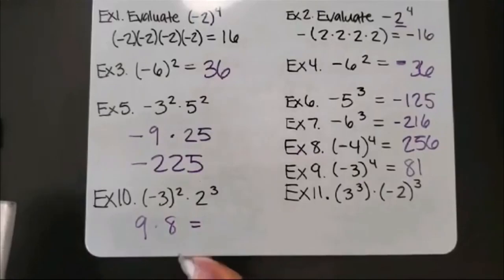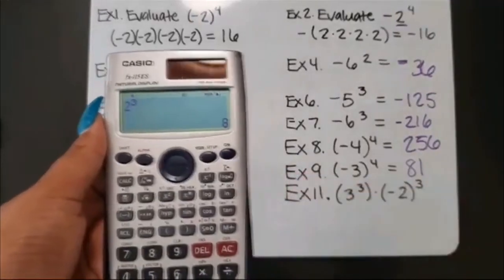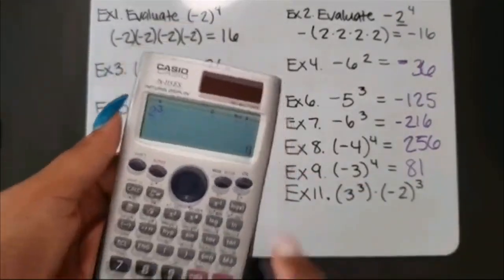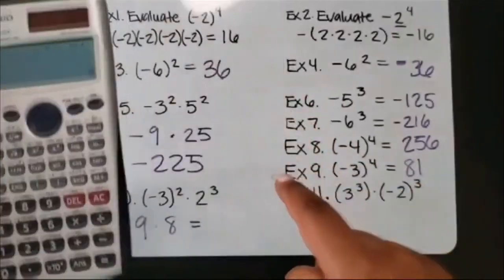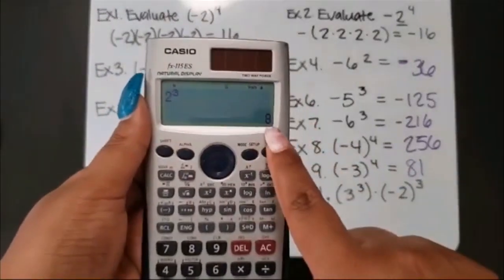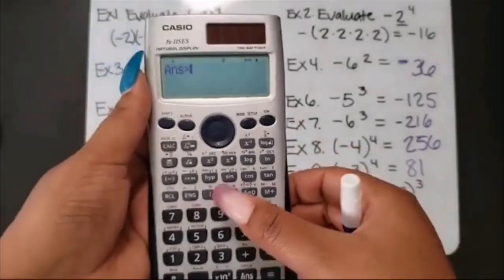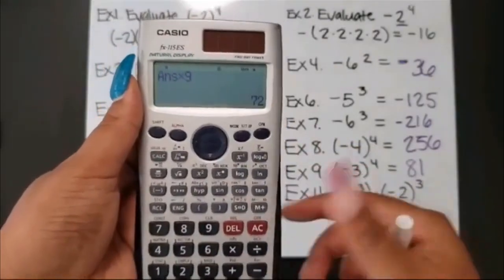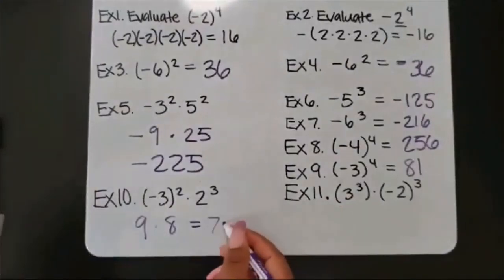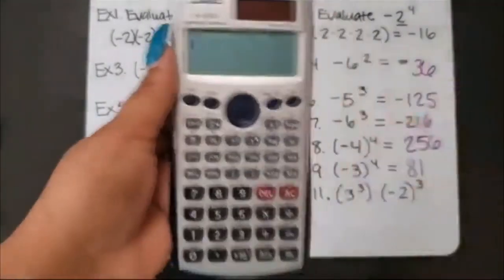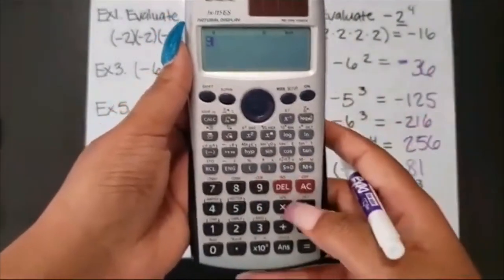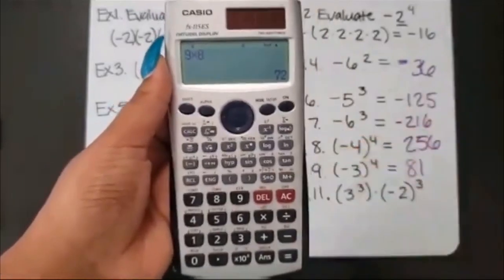So our answer will be, and one thing about calculators, it keeps your answer in there. So instead of taking this 8 out, I'm just going to hit times 9. And it's going to give me 72. You can exit out and do 9 times 8 and get 72.